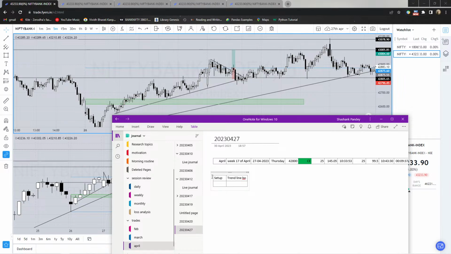The market environment was bullish. The risk reward was 1.63.